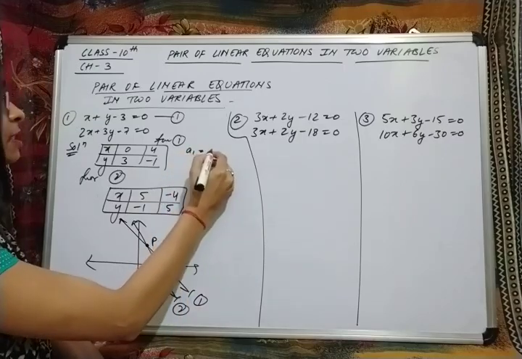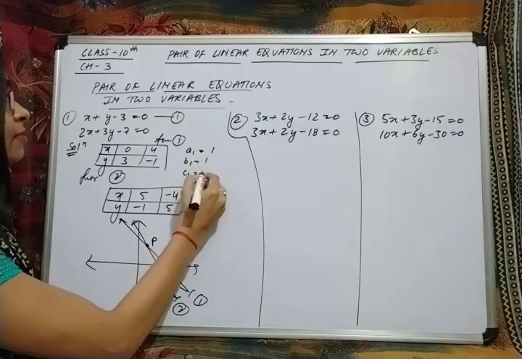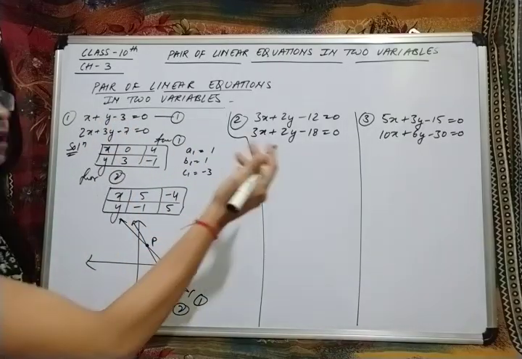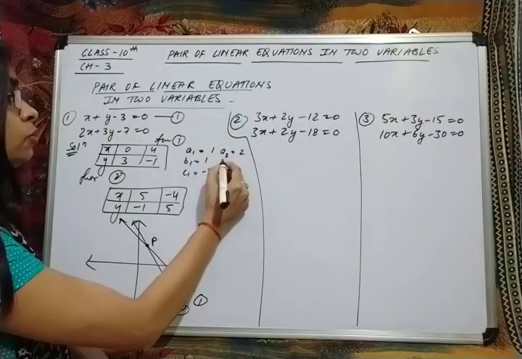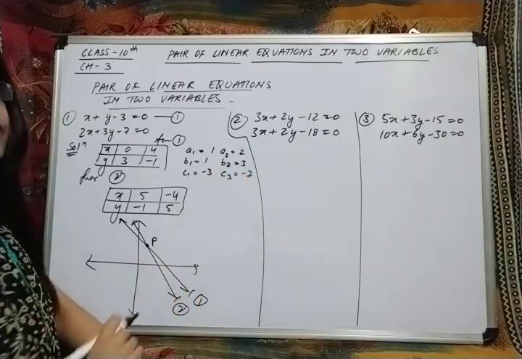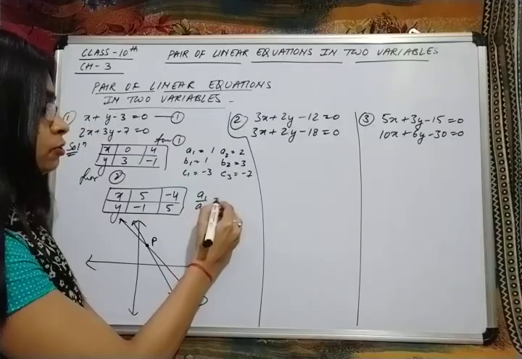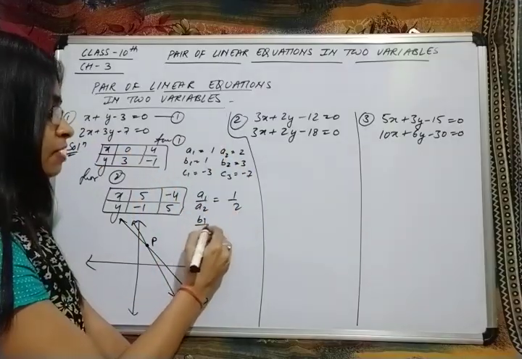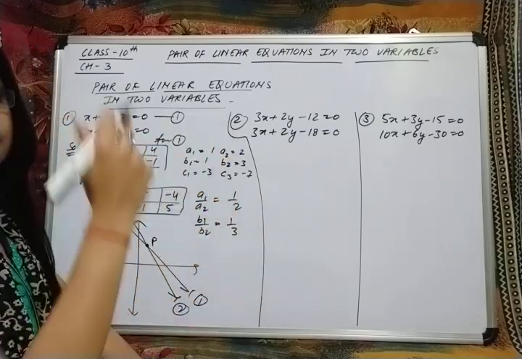The A1 is equal to 1, B1 is equal to 1 and C1 is equal to minus 3, by comparing with the general form of the linear equation in two variables. And A2 is 2, B2 is 3 and C2 is minus 7. Now just find the ratios. A1 upon A2 is 1 upon 2. B1 upon B2 is 1 upon 3. And C1 upon C2 is 3 by 7.